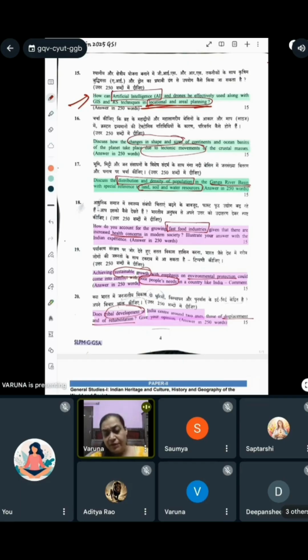You can relate artificial intelligence there. You can relate environment related issues with artificial intelligence. Whatever disasters, you can relate with them. You can relate international relations with it. You can relate security related topics with it. So artificial intelligence is important, even for GS4.